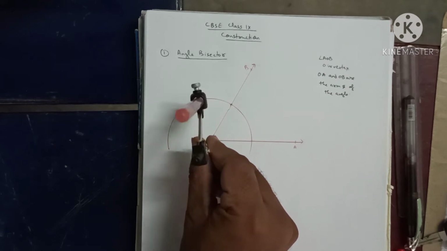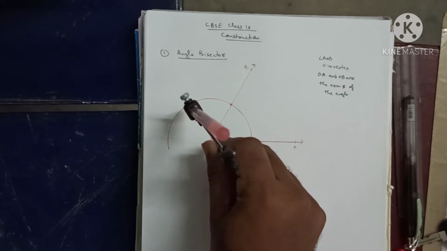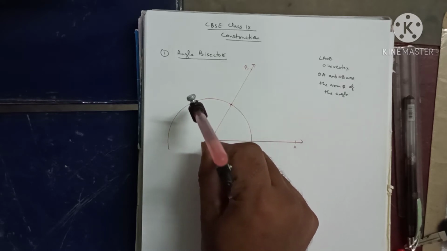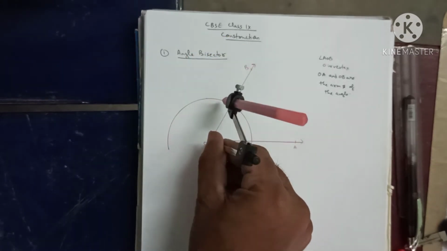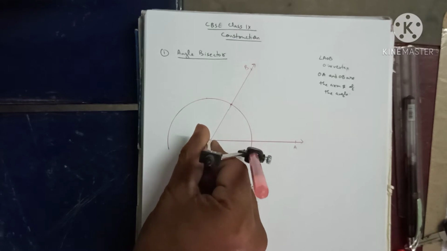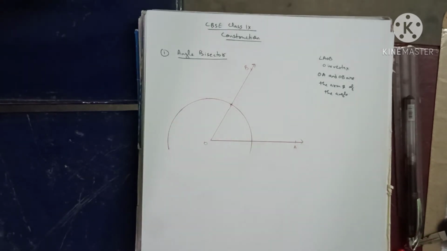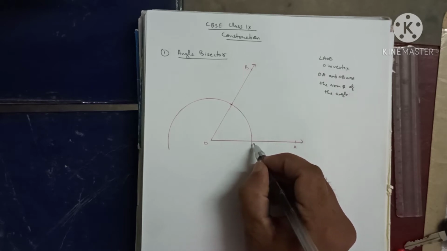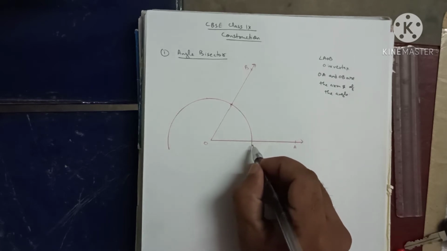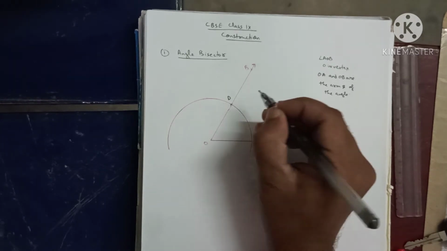It should neither be very small nor very large. We draw a semicircular arc like this, such that it intersects the arms of the angle at some points. Let's say it intersects the arm OA at C and the arm OB at D.